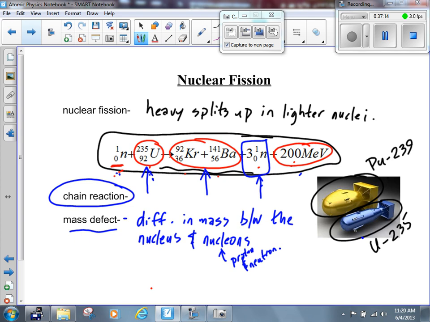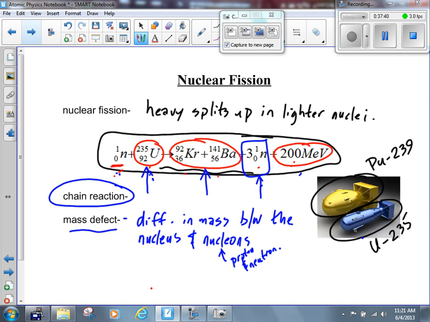If you take protons and neutrons and you put them together and you make a nucleus, the nucleus oddly weighs less than the protons and neutrons weigh. When you put these protons and neutrons together, somehow the product of what you get, the nucleus, weighs less than the protons and neutrons weighed when you put them in.